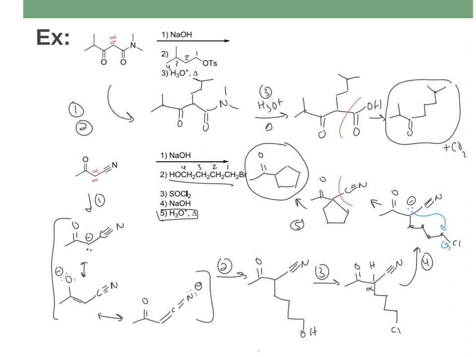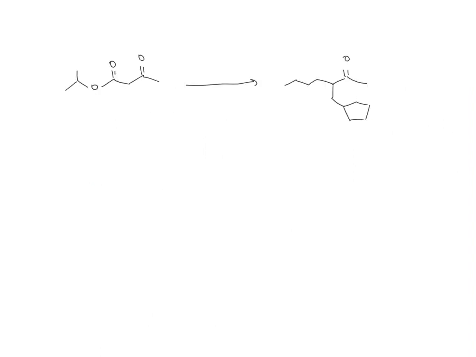So there's lots of fun things that you can do with these. They're all pretty similar. Again, you just need a beta dicarbonyl system. So you have those really acidic hydrogens, so you can pluck them off, use the enolate to act as a nucleophile to attack an alkyl halide of some kind of sort, do a hydrolysis, decarboxylate it, boom, you're done.